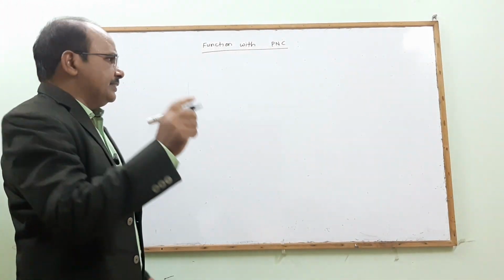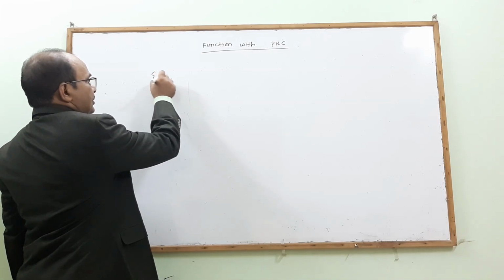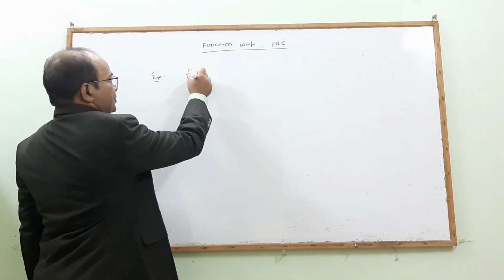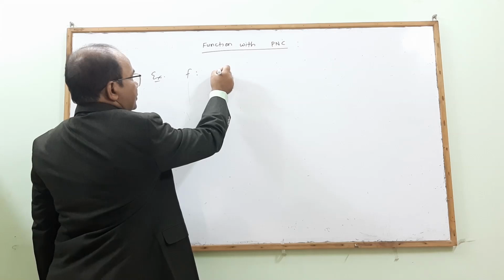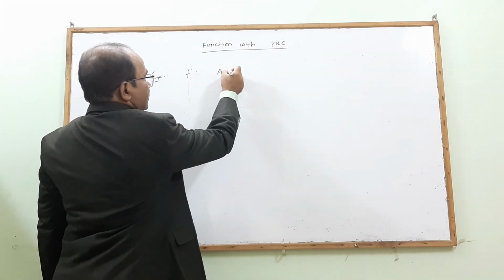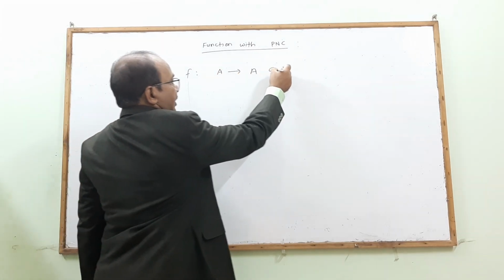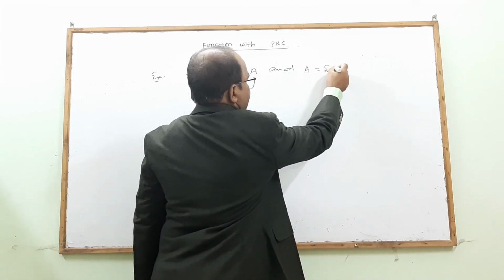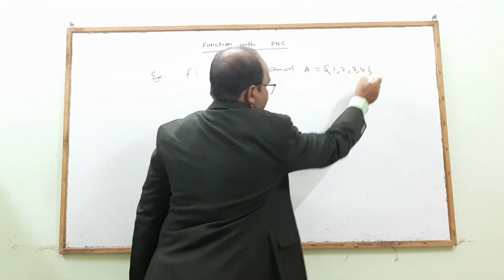See one example. F is defined from A to A and A is equal to 1, 2, 3, 4.